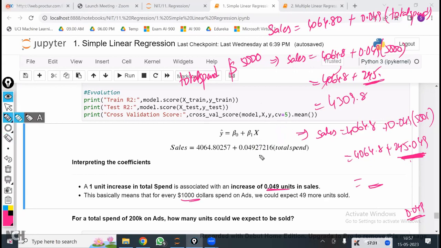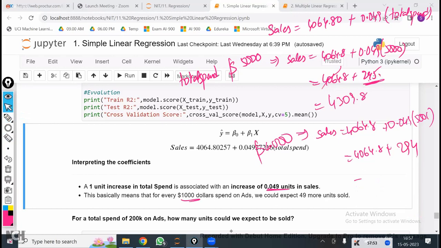You have increased your X value by 1,000, the total spend by $1,000. Then what is the expected value? Instead of 245, you'll get 294.